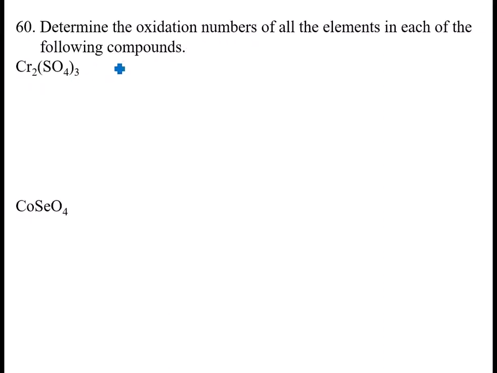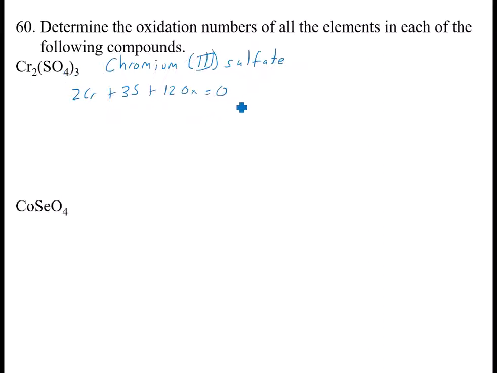So the name for this would be chromium 3 sulfate. So what's the charge on the chromium? +3. If I do the same thing, I have 2 chromiums plus how many sulfurs? 3 sulfurs plus 4 times the 3 is 12 oxygens. And we're back to compounds, so this is 0.